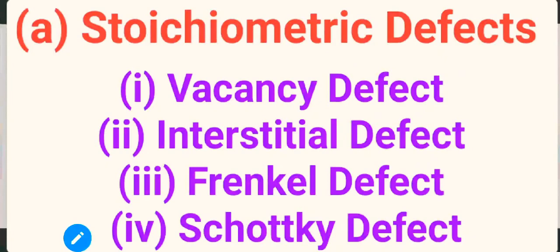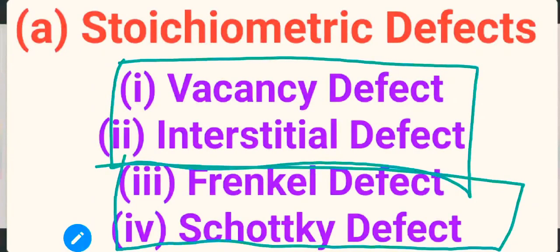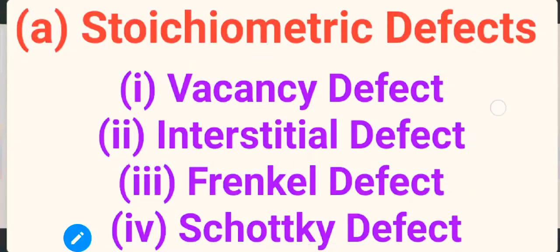The last two, Frenkel and Schottky defects, are observed in ionic compounds.